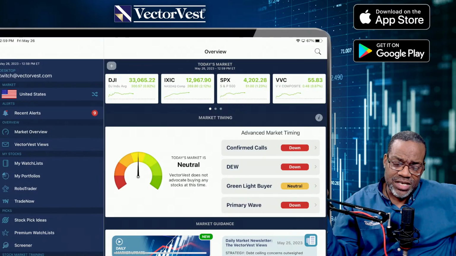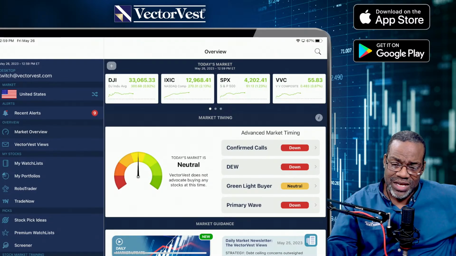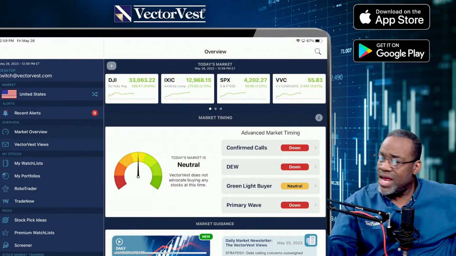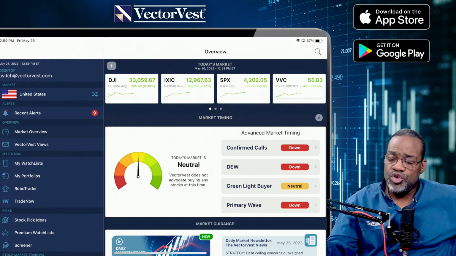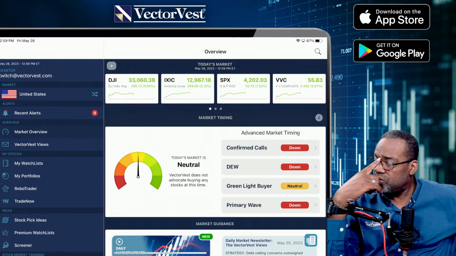But as these companies continue to make the chips to make these supercomputers better for the AIs, it's going to keep happening. And I'm not worried about when it's going to stop. I'm worried about how much money I can put in my pocket because of this, and how I can show you how to put money in your pocket because of it. That's what it's all about.